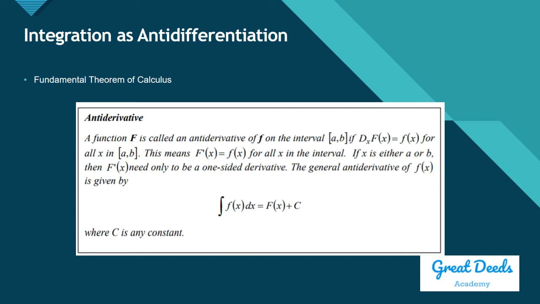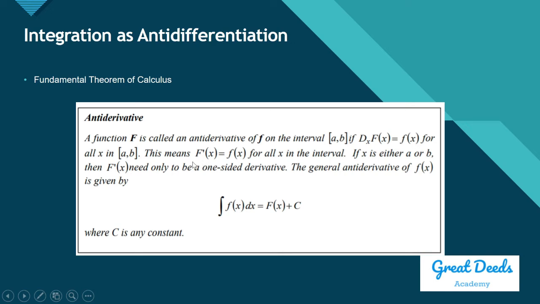This relationship is embodied in this theorem. We call this the fundamental theorem of calculus. A function big F is called the antiderivative of small f in the closed interval a and b if the derivative of big F of x with respect to x, which is one notation among the many we have for getting the derivative, is equal to small f of x.